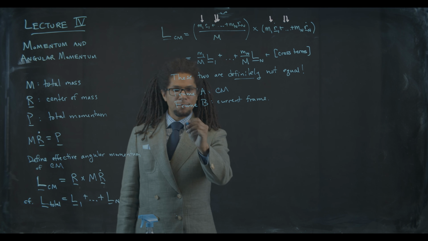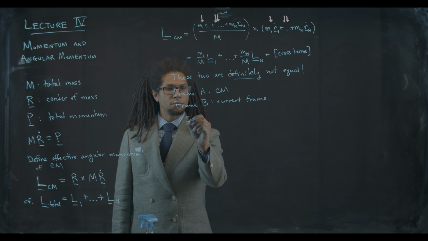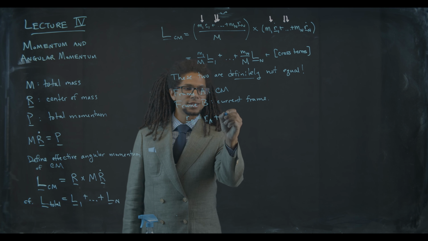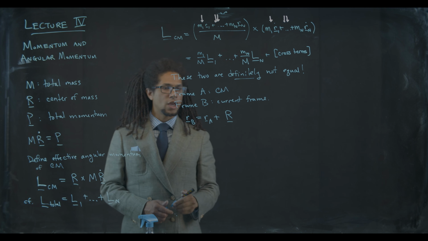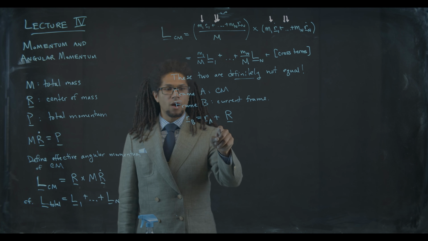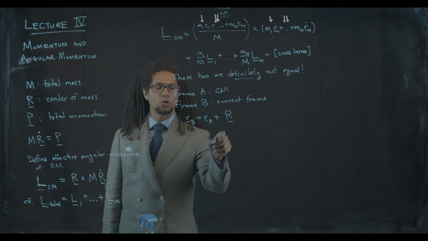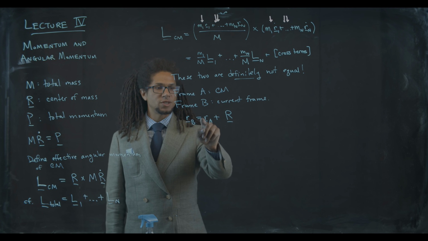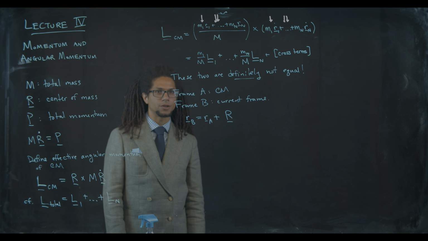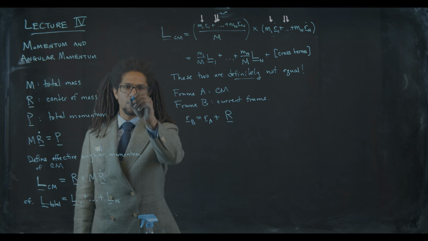Okay, so that means that R_B is equal to R_A plus capital R. In other words, to get to the position in B from a center of mass frame where R is at the origin, we just need to add whatever the position was in frame A to the center of mass. All right, good. Maybe a little diagram is in order.